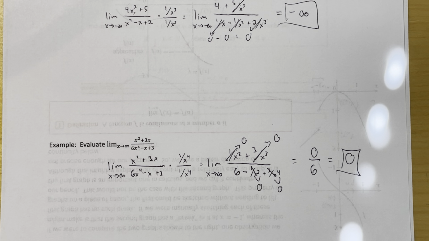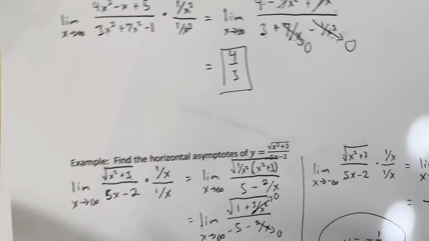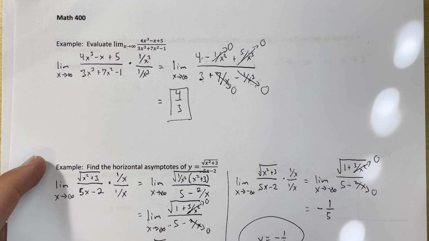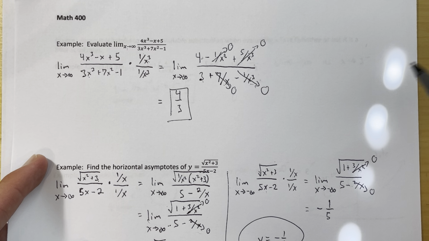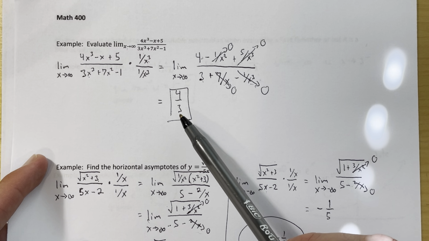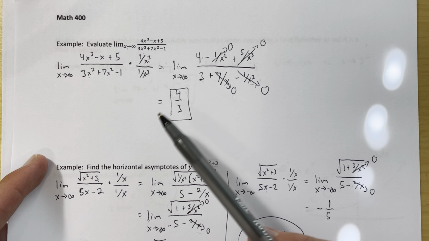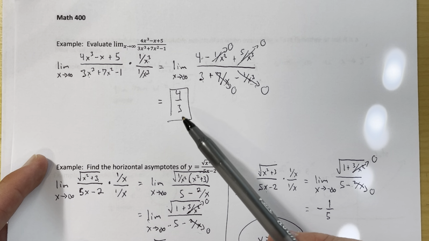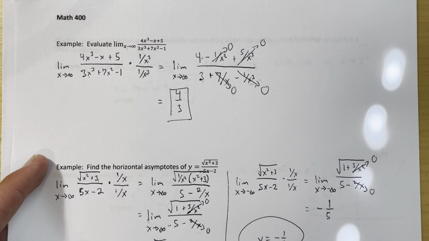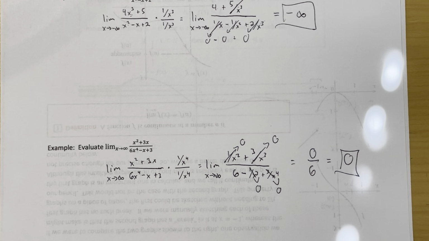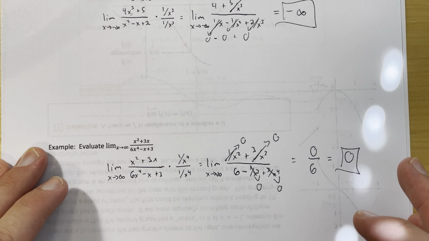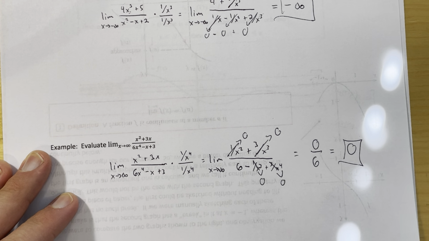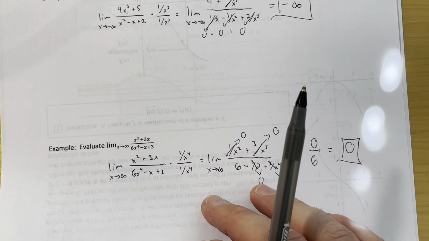And as we have already seen in a previous example, if the degree of your numerator and denominator are equal, then your limit as x goes to infinity or negative infinity will be some finite non-zero number. Okay? So that's something you hopefully talked about in pre-calculus or college algebra, even if you weren't using limit notation at that time to talk about it.